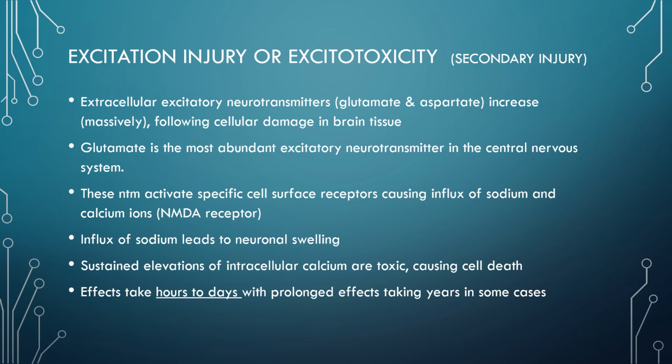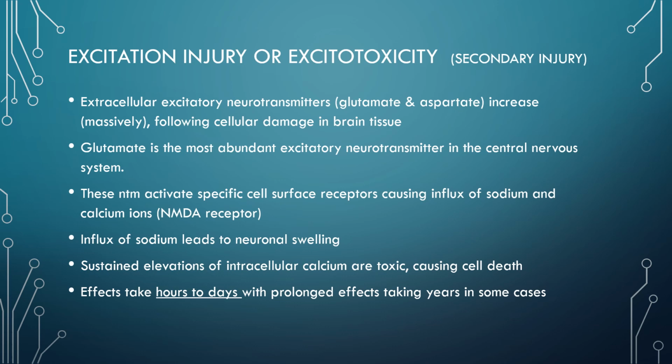Why do they get released? They get released because of damage to the cell. So the nerve fibers just don't hold on to them, and then they're just free range in the brain tissue. Those neurotransmitters activate cell surface receptors that cause an influx of sodium into the brain, and then sodium and calcium ions, and then the sodium pulls in water, and that causes swelling in the cells and brain tissue, which you now know the brain swelling causes more damage.